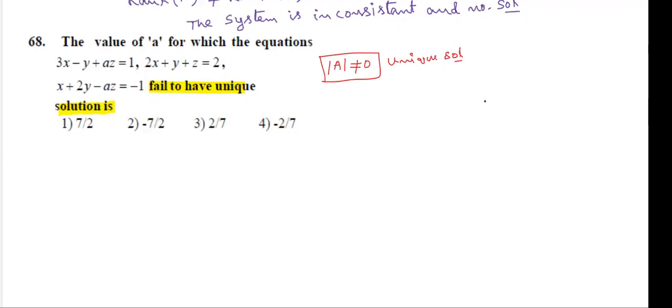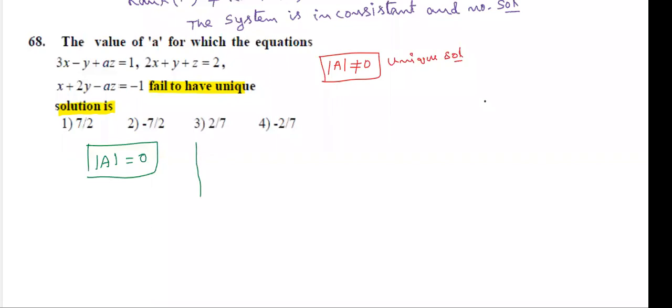But what they have given is that the equations fail to have a unique solution. Failing to have a unique solution means either infinitely many solutions or no solution. So what is the shortcut formula finally? Det A is equal to 0. This is the formula. Okay.